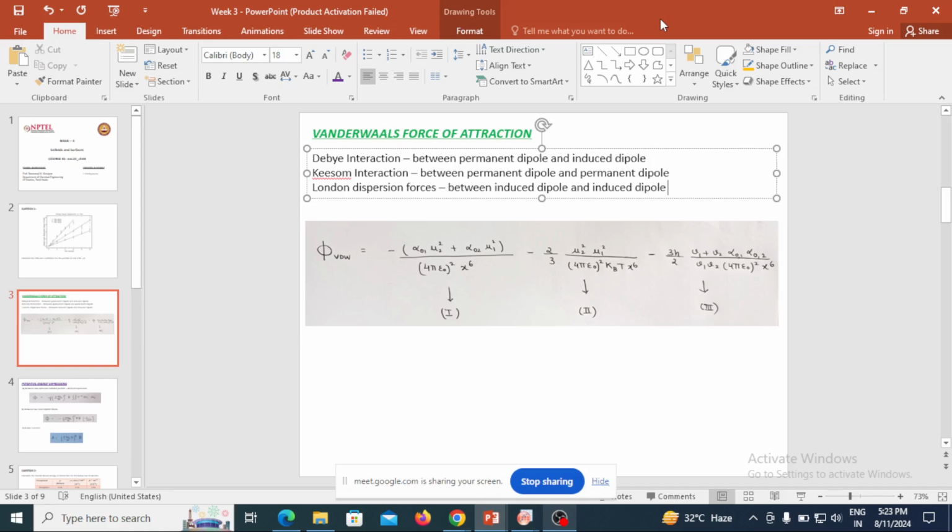HF is also a very good example compared to HCl. The reason for it having a permanent dipole is basically the difference in the electronegativity of the elements in the system.